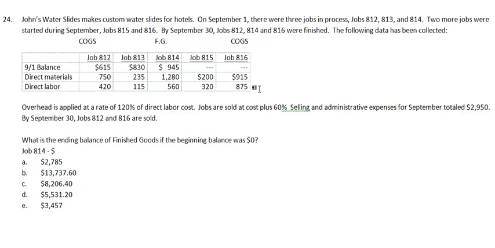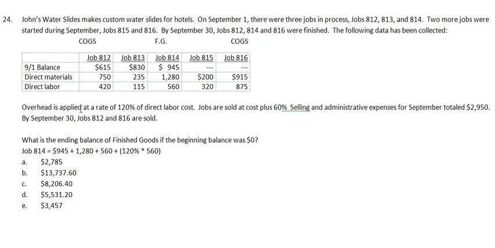So to calculate the cost of the particular job, you want to start with the beginning balance, add to it the direct materials, the direct labor, and the overhead. Do not forget about the overhead. It tells you that to calculate the overhead, it's applied at a rate of 120% of the direct labor cost. So to come up with the overhead, it's simply 120% times the direct labor cost. And you know that because it just tells you.